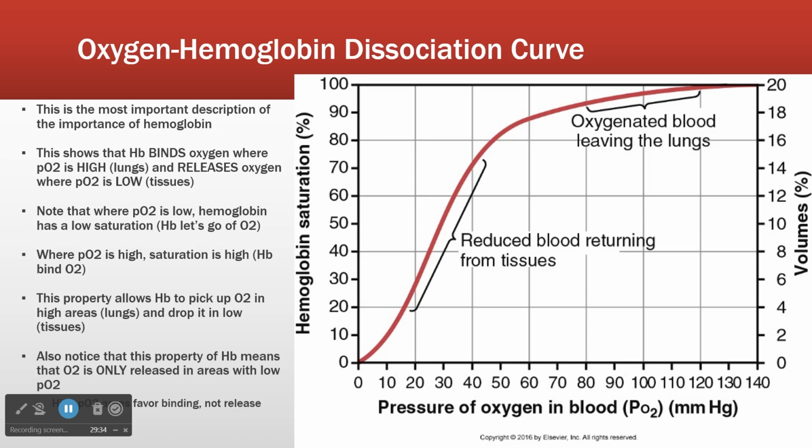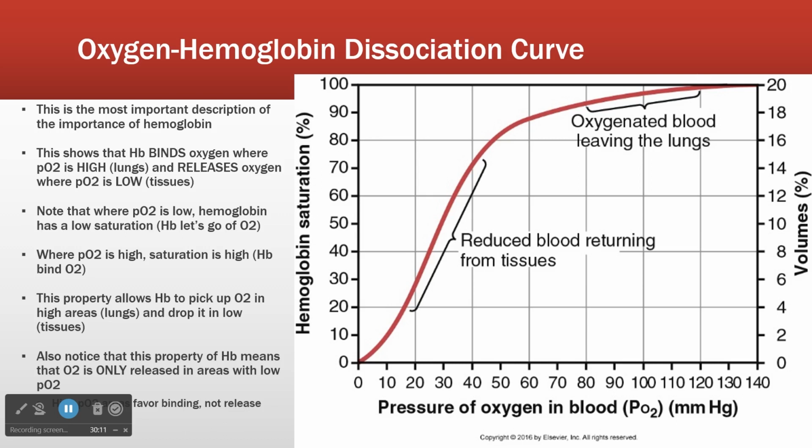So we're going to go from 40 to very close to 100 relatively quickly because of the high PO2 in the lungs. So when PO2 is high, hemoglobin grabs on. When PO2 is low, we see that the saturation falls quickly for small decreases in oxygen. Short version is, this characteristic of this molecule allows it to gather up oxygen in the lungs and effectively dump it in the tissues.